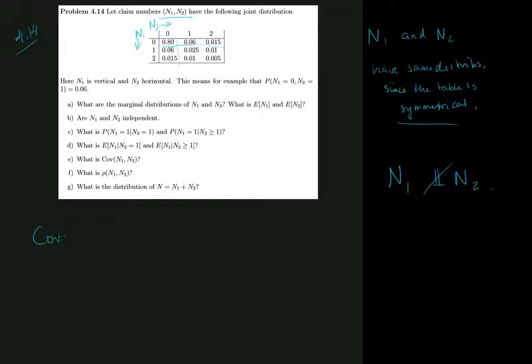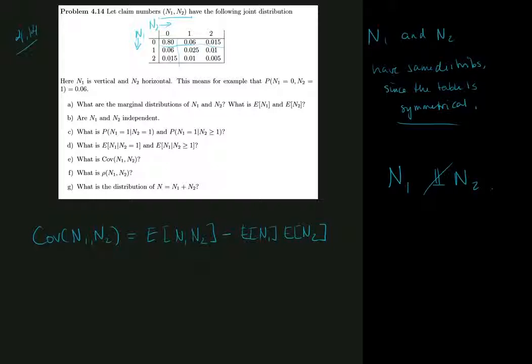The definition of the covariance between N1 and N2 tells us that this is equal to the mean value of N1 multiplied by N2, minus the mean value of N1 multiplied by the mean value of N2.